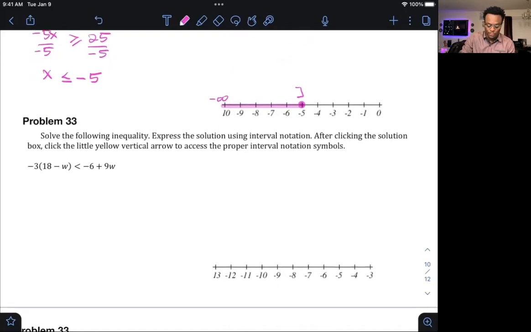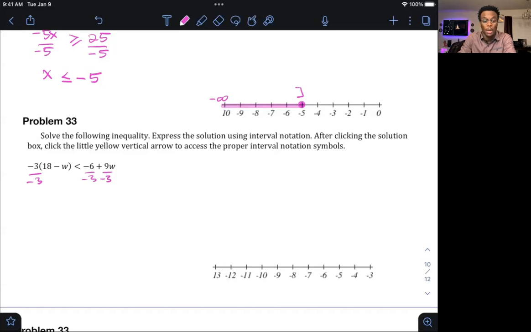Let's distribute the value here, to cancel the parentheses. What we can do too is divide everything by -3, because everything can be divided by -3, so it will be better if you clear it.